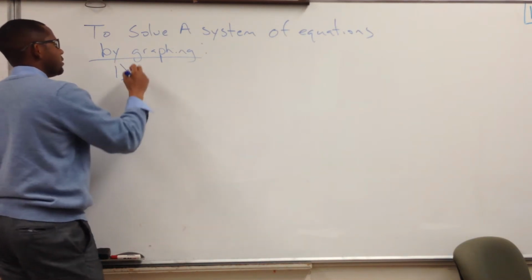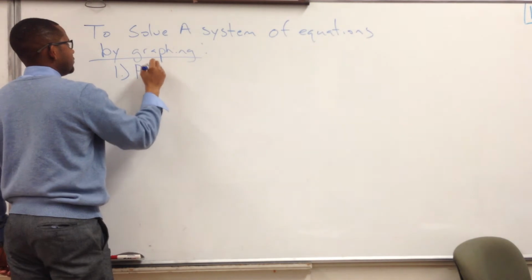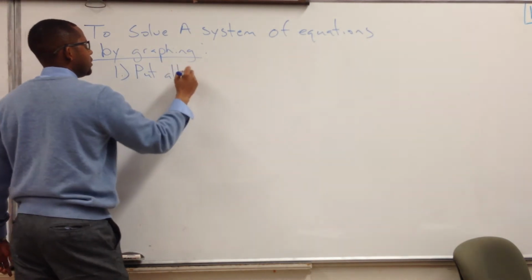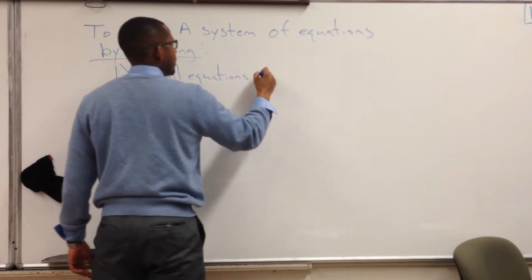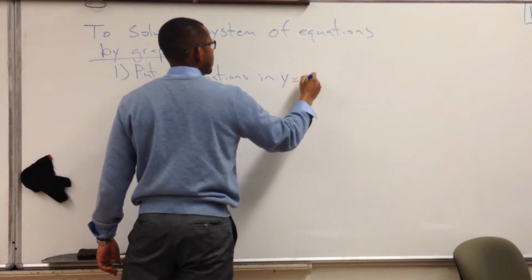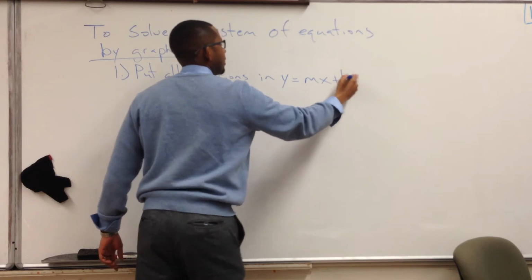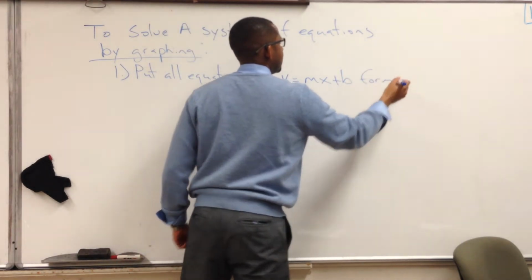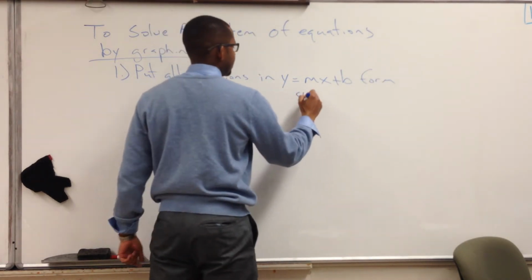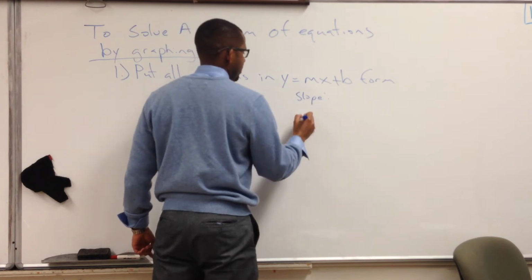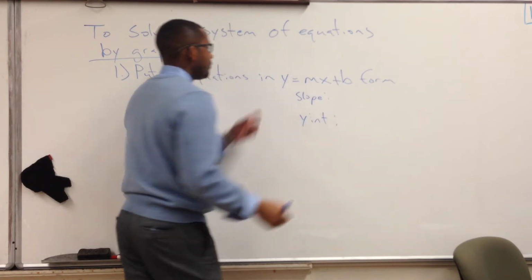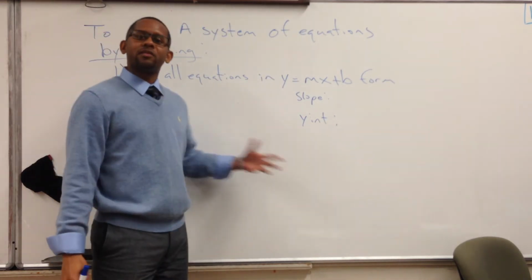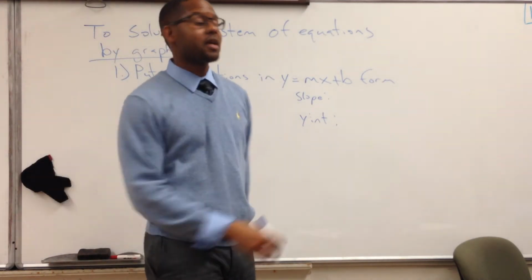First, put all equations in y equals mx plus b form so that you can find a slope and a y-intercept. Okay? Get all your equations into that form. Sometimes they're given to you in that form, sometimes they're not.